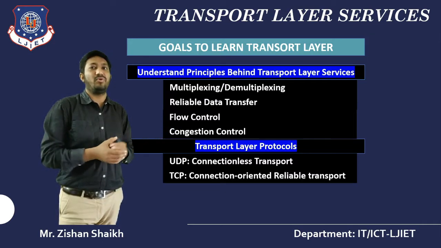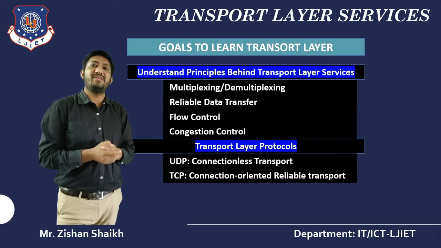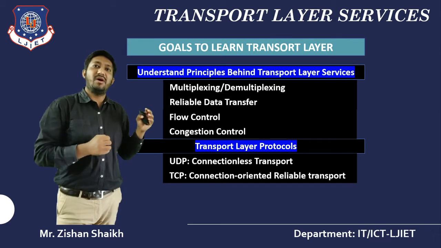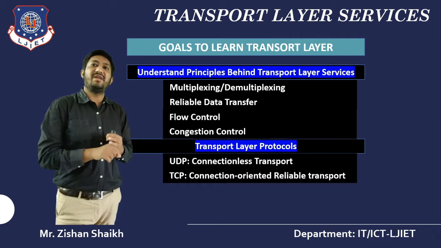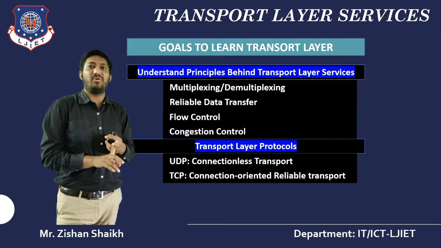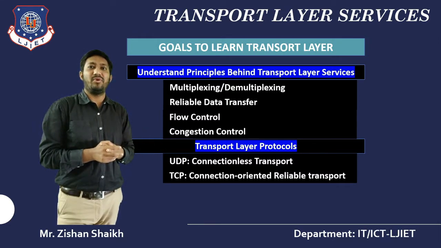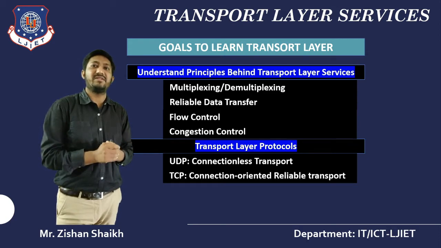Next are the protocols. Each and every layer of our TCP/IP model works on some standard protocols. Our transport layer basically uses two protocols. UDP, which stands for User Datagram Protocol, provides connection-less services.